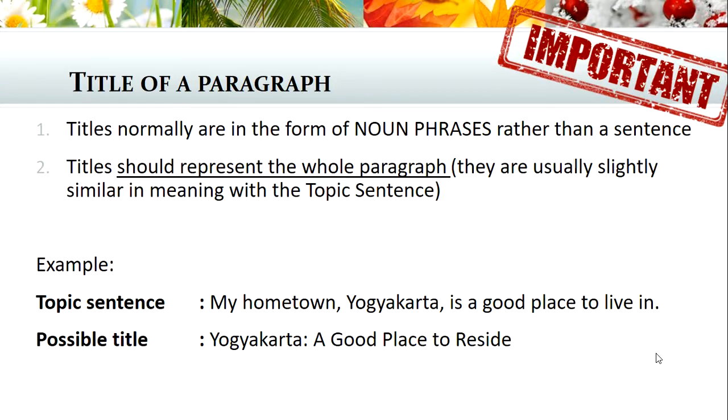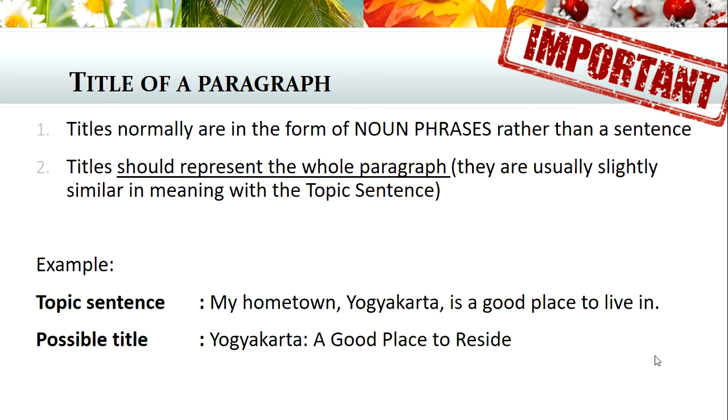So the key that we can take away from this is, first, when you write a paragraph, don't forget to write the title. Second, the form of the title is in noun phrases, not a sentence. And then the third and the last one is the form of the noun phrases should resemble the topic sentence in terms of the meaning.